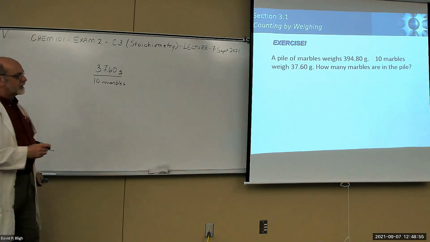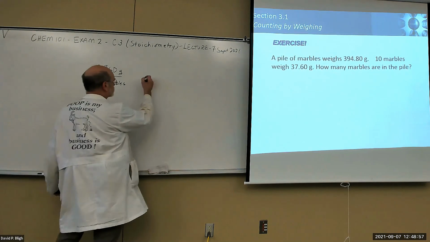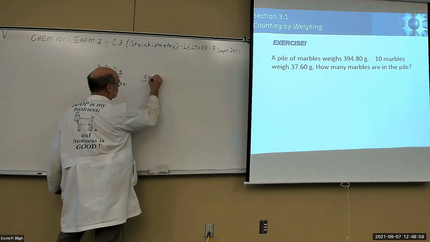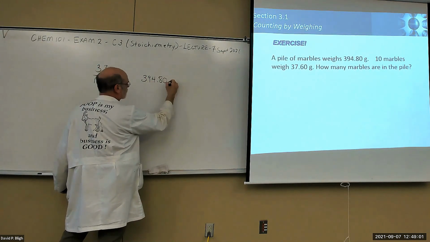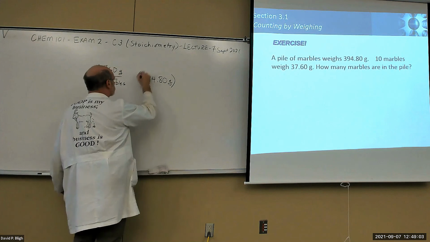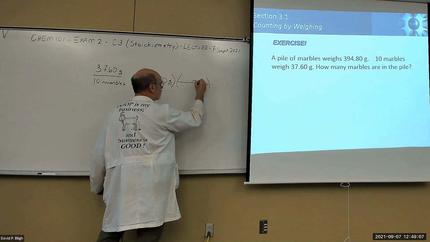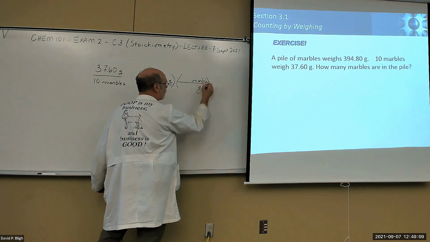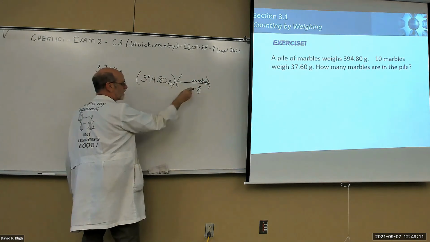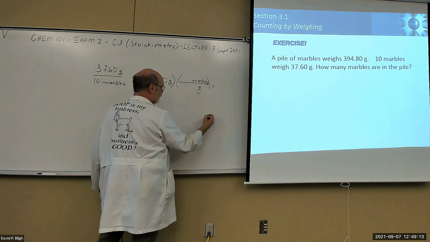So if you have 394.80 grams, you need a conversion factor that will cancel grams and leave you with marbles, right? Like that, like that. And this is where we're headed.